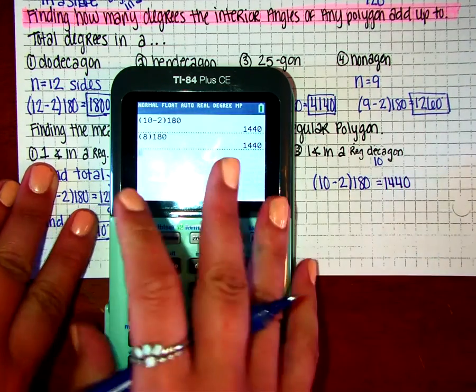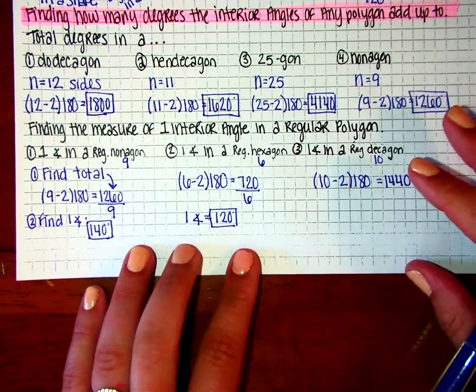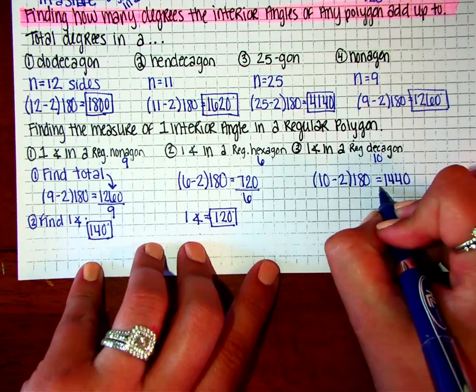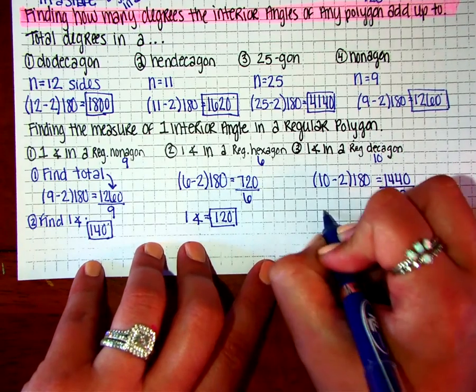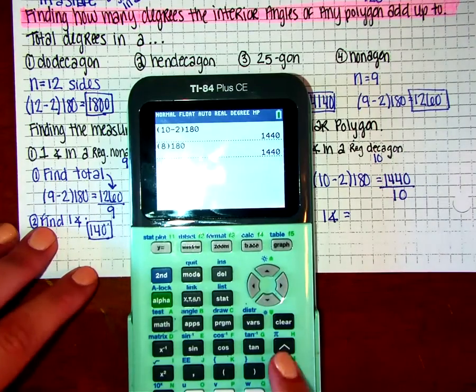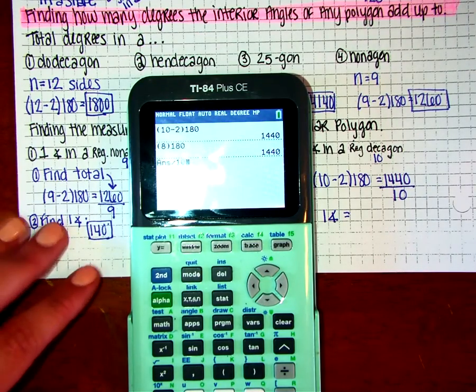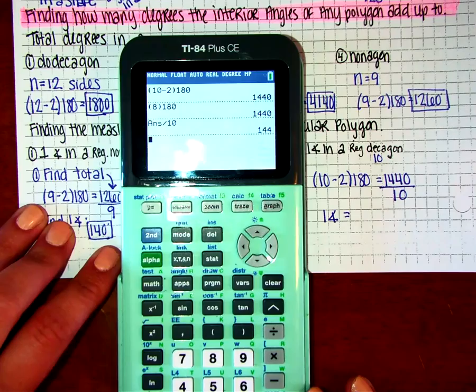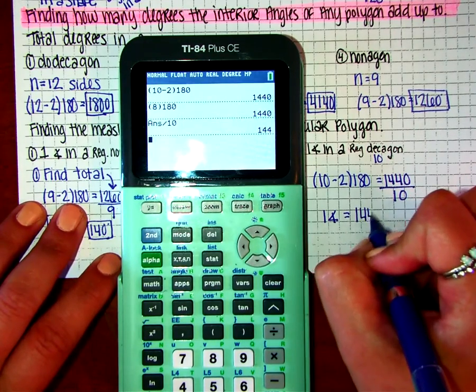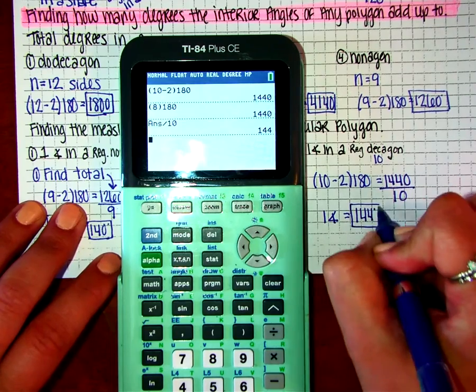So 1,440 is my total. Now again, I want to break this into one angle, so I have to divide by 10. 1,440 divided by 10 is 144. So one angle is 144 degrees.